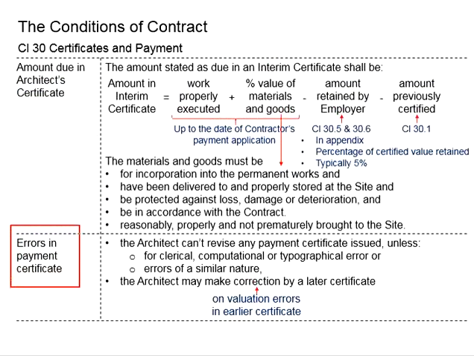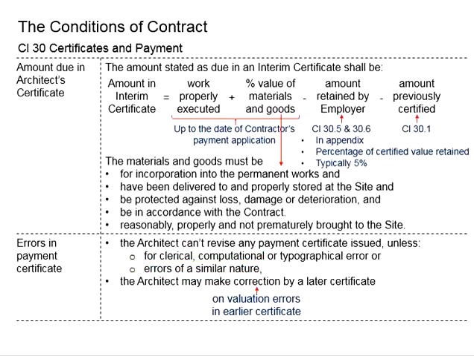Next, we talk about the errors in the payment certificate. The architect cannot revise any payment certificate issued unless for clerical, computational or typographical errors, or errors of similar nature.